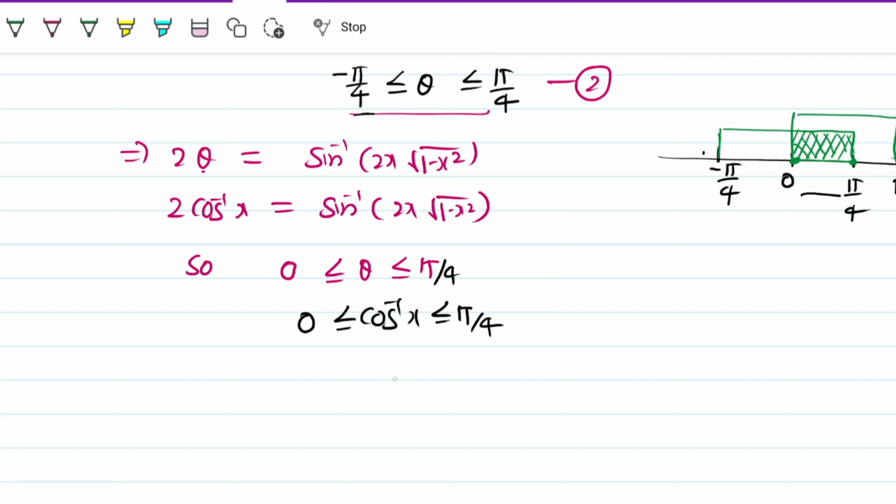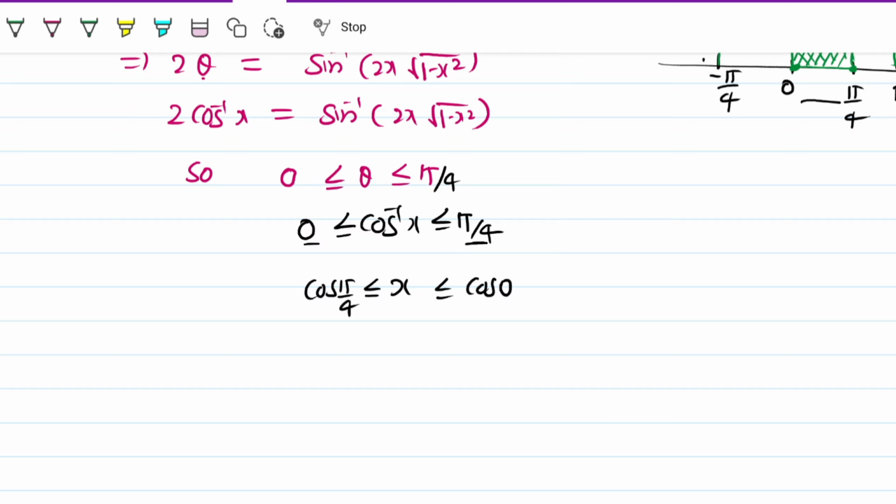So from here I can write x is greater or equal to cos pi by 4 and less or equal to cos 0. Just apply cos on all the sides. The minimum value of cos will be here and the maximum value here, because cos inverse x is a decreasing function. Cos pi by 4 value is 1 by root 2 and cos 0 is 1.